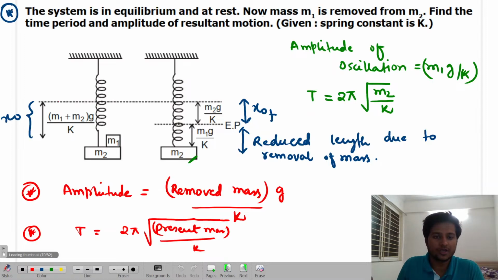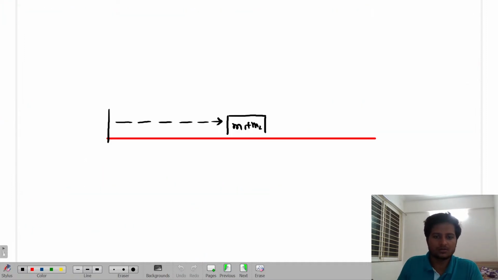No, no, means I'm talking about the previous question. Okay. So the initial expansion, just consider, you know that this is my equilibrium point initial. That you just calculated m1 plus m2 g by k, isn't it?